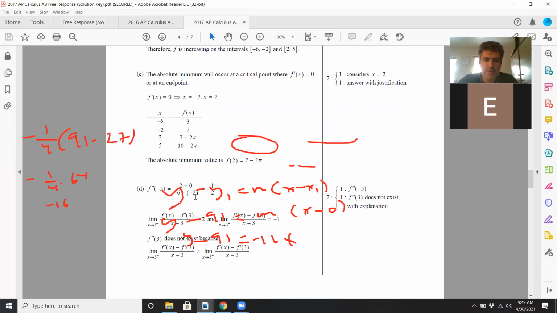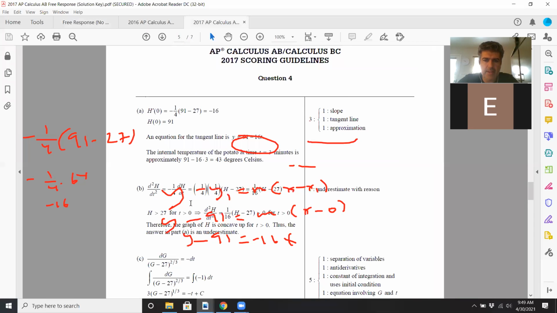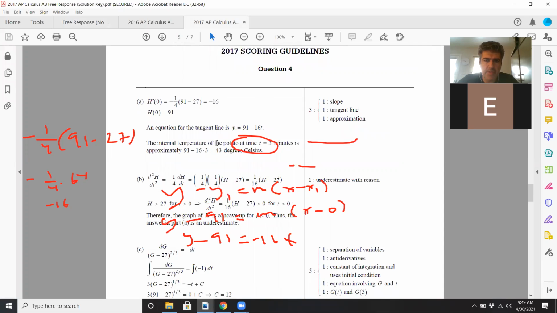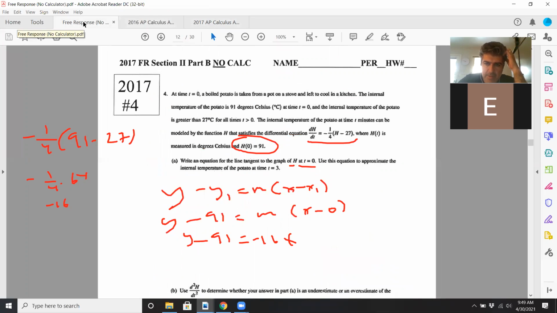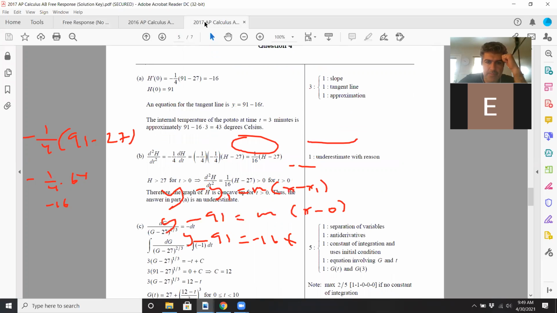If you look at how they divide those points, 1 point for the slope, which was negative 16, and of course 1 point for the actual tangent line, which we have right there. And actually, I didn't follow through on the rest of the problem. They want to find the internal temperature at 3, so plug in 3 for t or x, and you should get that answer as well.